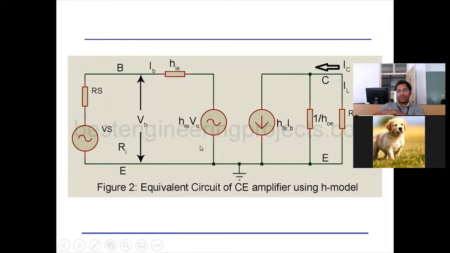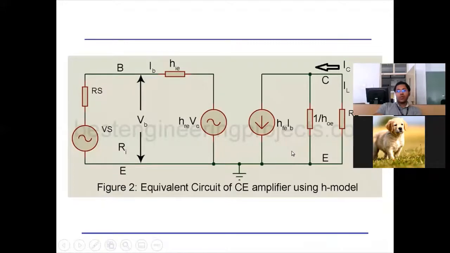So I can replace this by a short circuit. See, earlier the transistor model had 4 components: HIE, HRE VC, HFE IB, 1 by HOE. Now how many components? Only 2 components. One is HIE from here and the next is HFE IB from here.